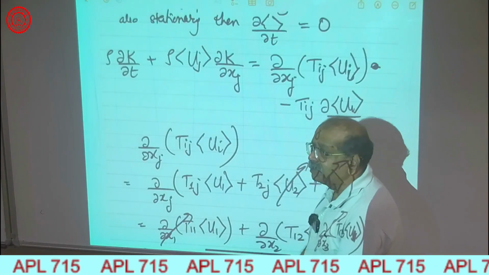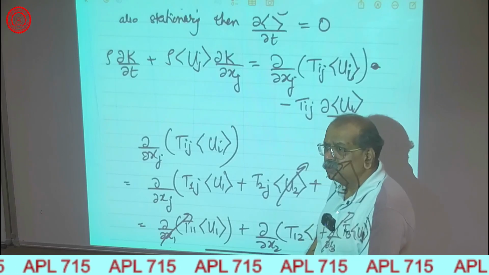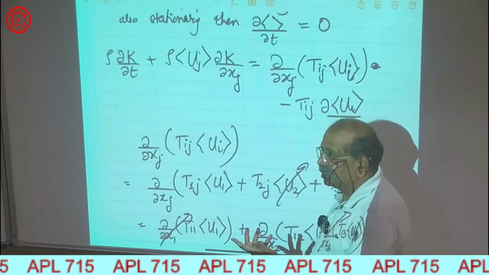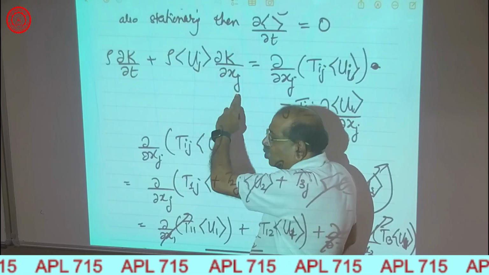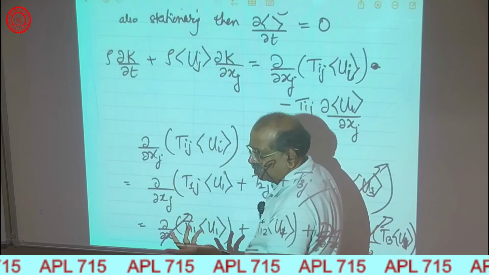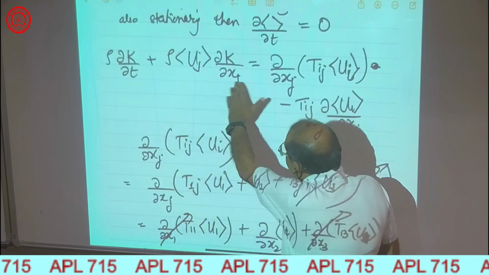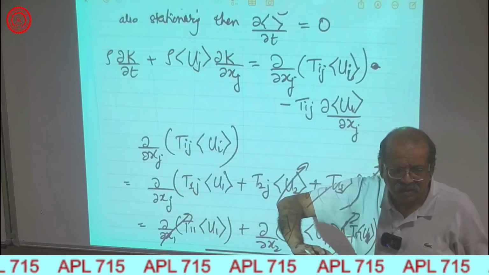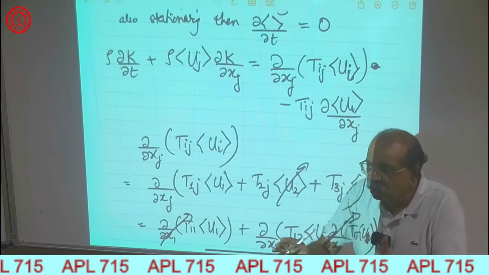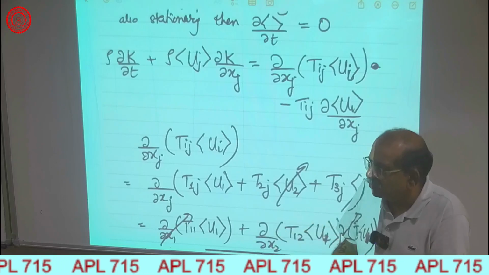What is mean of u2? 0. So whenever you look at it, either you put this as u1, j is 1, then you get dk by dx1, which is 0. So both of these terms will be 0. Is that clear to everyone? For this simple flow, u1 is a function of only x2. So I'm telling you how to simplify.